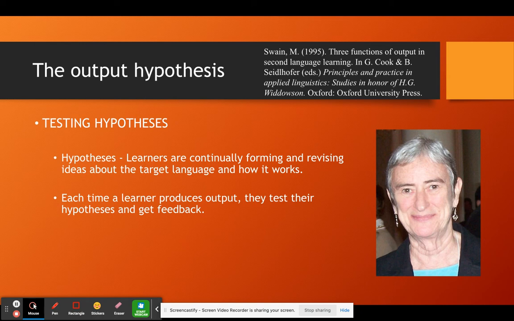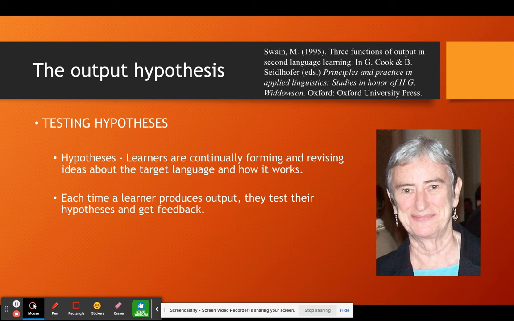In other words, learners are learning rules about how to use a word or grammar form, but they're not always very certain. So they have theories about how to use those words, and every time they speak or write, they're testing those theories about their vocabulary and grammar. Each time a learner produces output, they're testing hypotheses, and this is important, they're getting feedback.